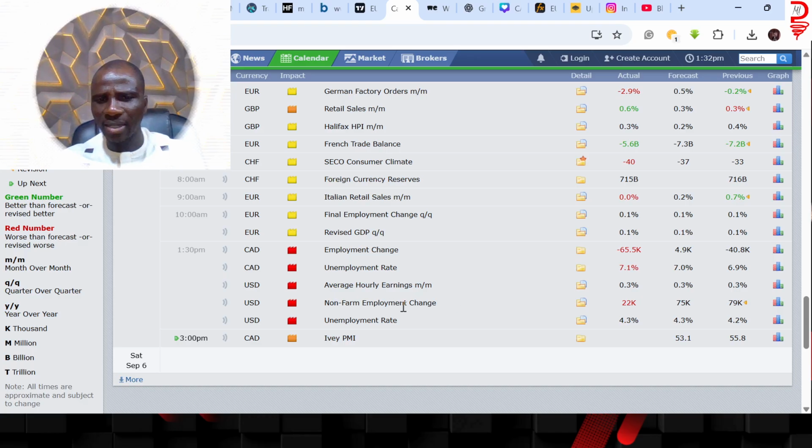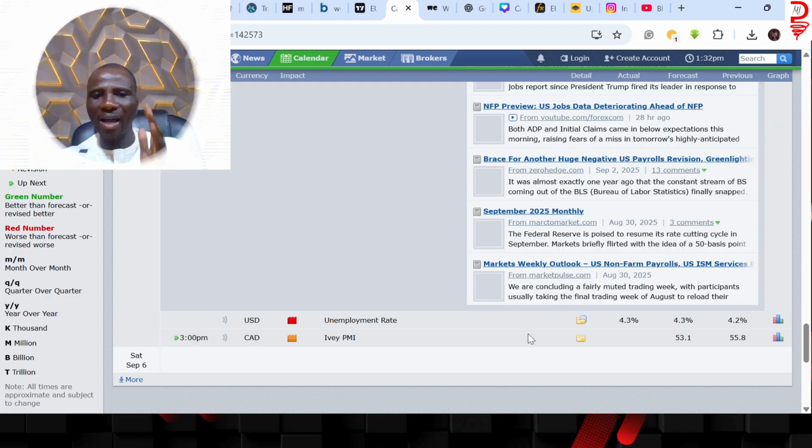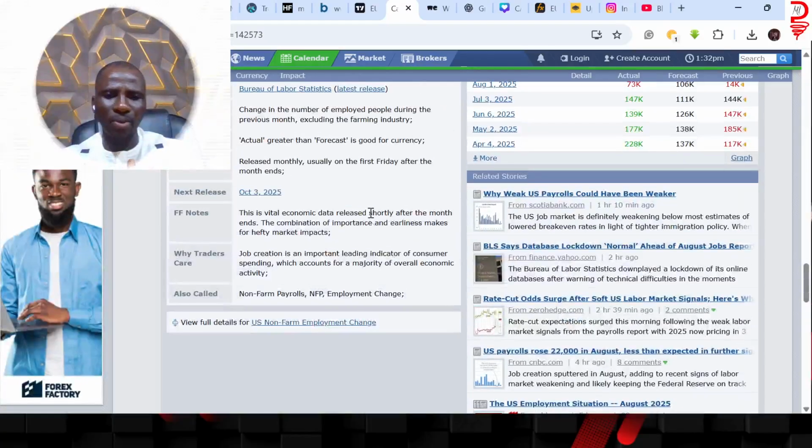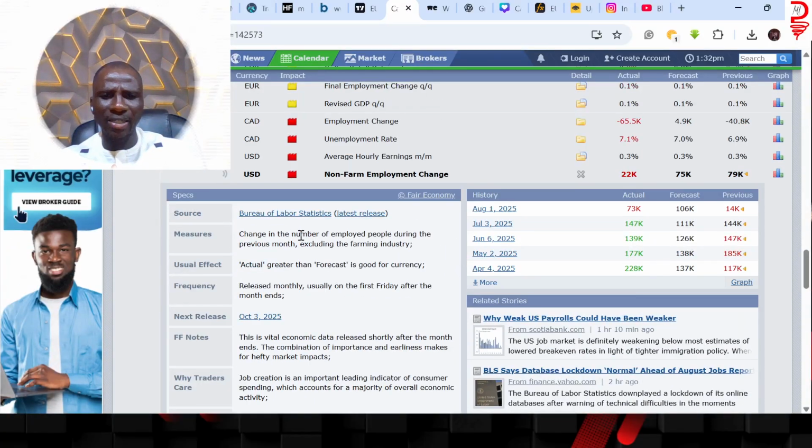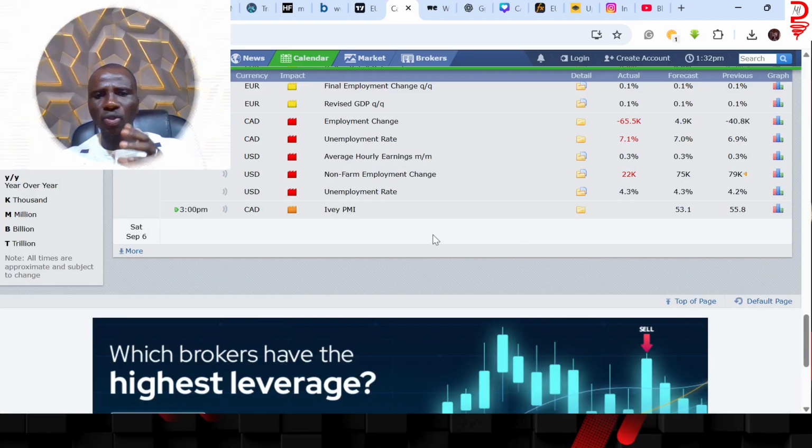This is the change in the number of employed people in the last month, excluding the farm or agricultural employees. It shows the true picture of the level of employment based on the just concluded month.